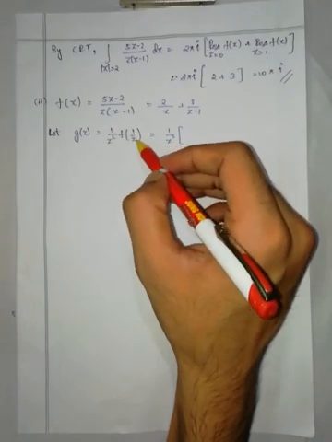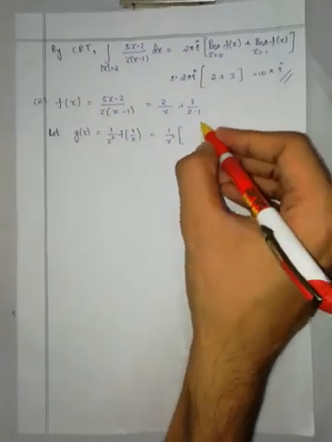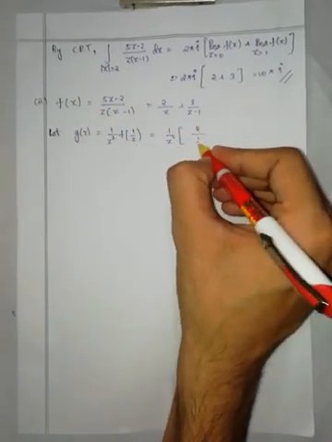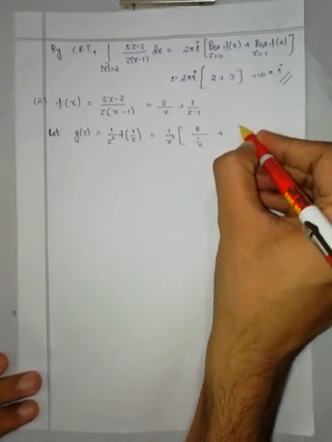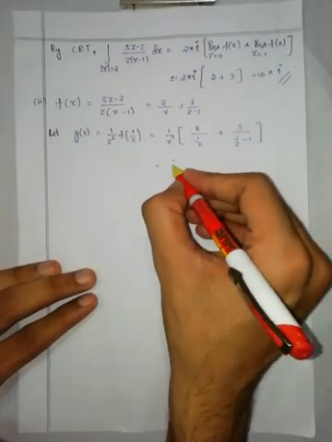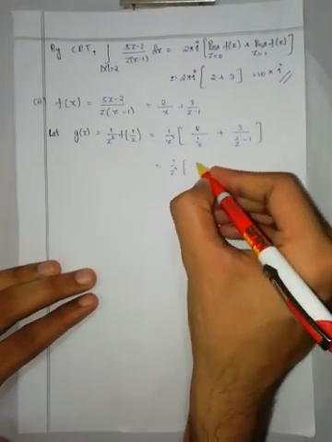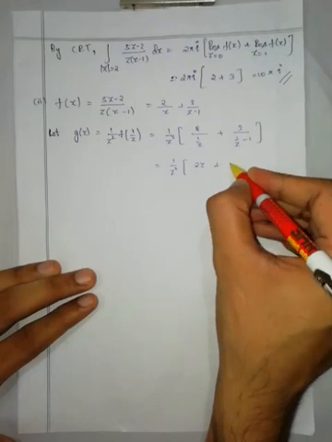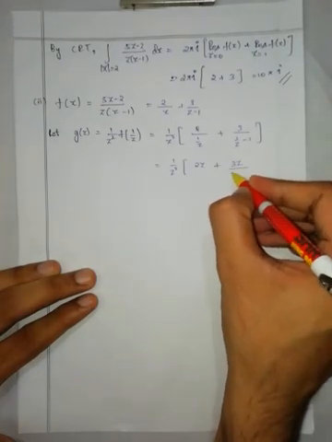Just replace z by 1/z in f(z). What will you get here? 2/(1/z) + 3/(1/z - 1), which is equal to (1/z^2) times (2z + 3z/(1 - z)).